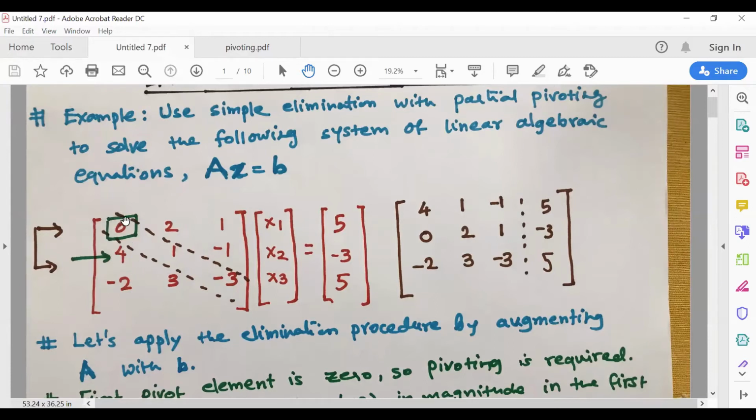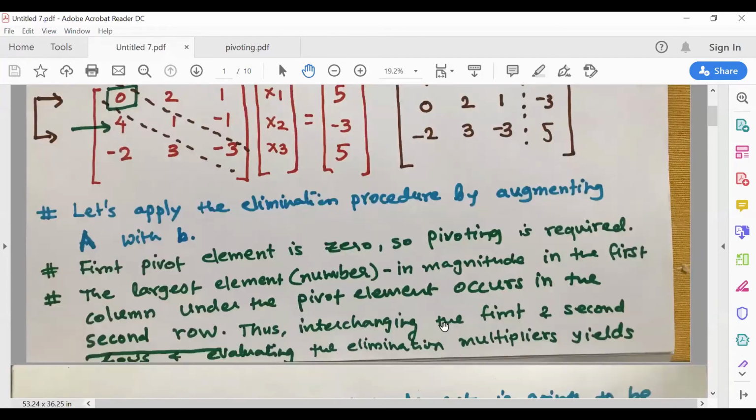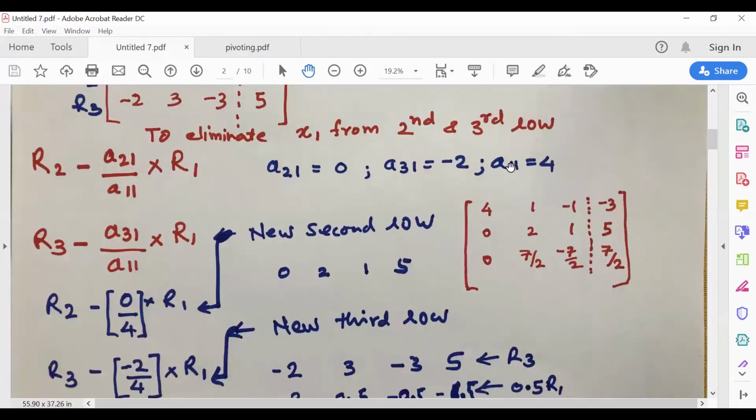Among the first column numbers 0, 0, 4 and minus 2, 4 is the maximum, so we interchange the first and second row. Here also, while performing the second elimination, our focus is this. We need to pivot now. Which one?